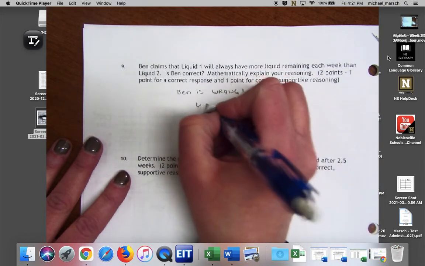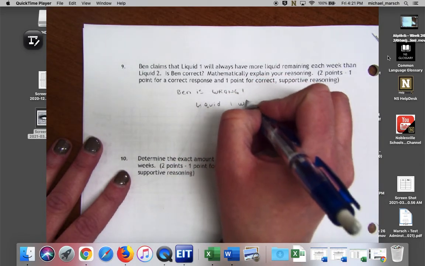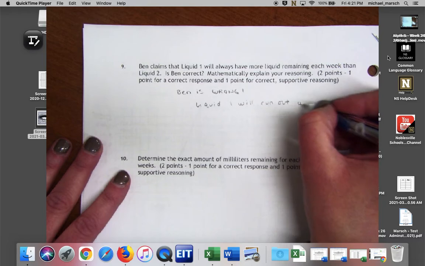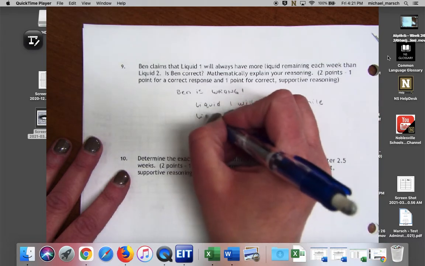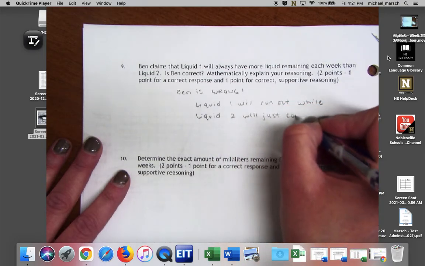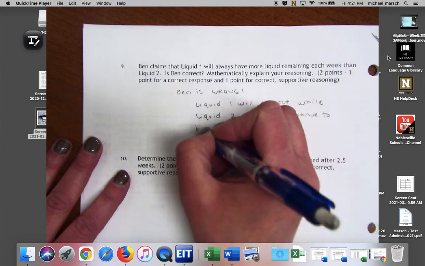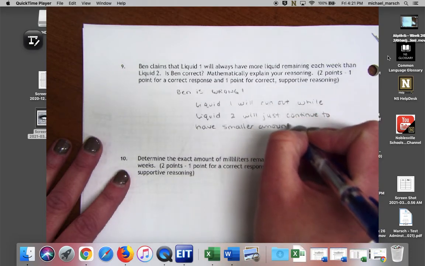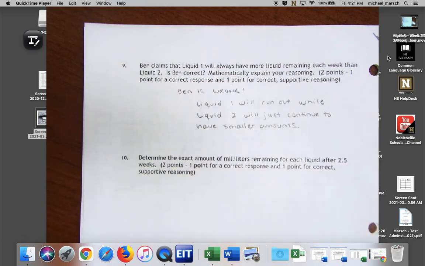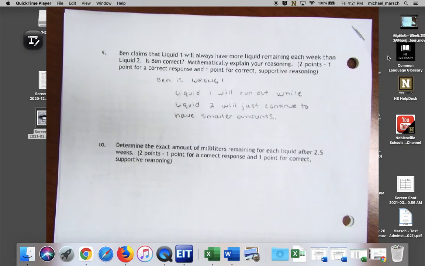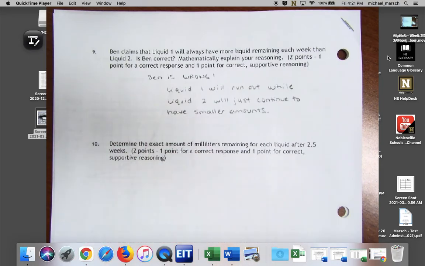Liquid 1 will run out while liquid 2 will just continue to have smaller amounts. So that's our mathematical explanation. The reason that the words mathematically explain your reasoning are in there is because I don't want you to just say Ben is wrong and then not explain how you know that. I need you to explain to me how you knew that.